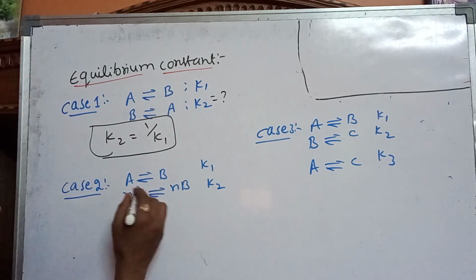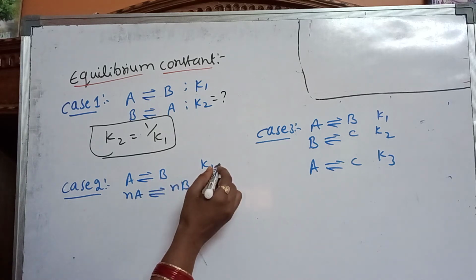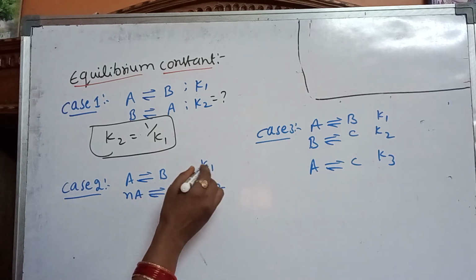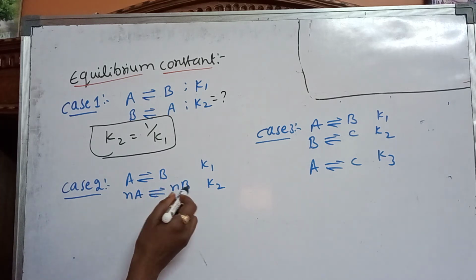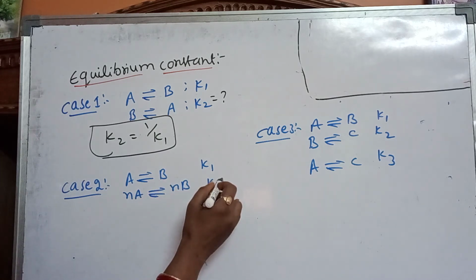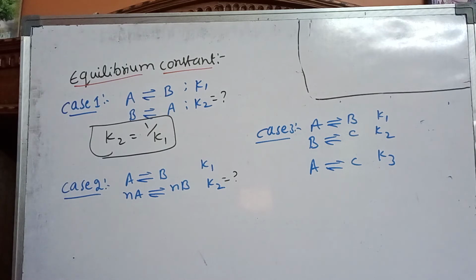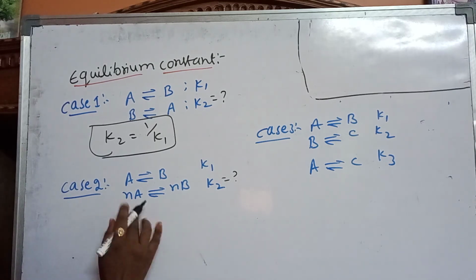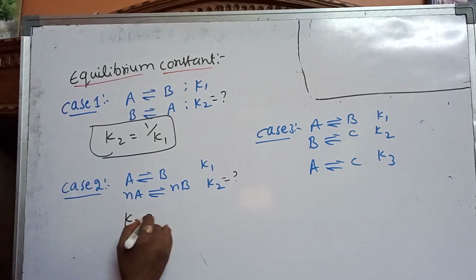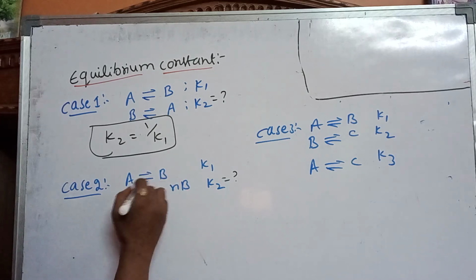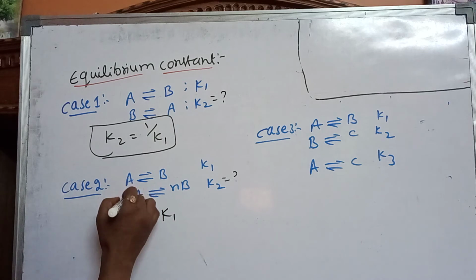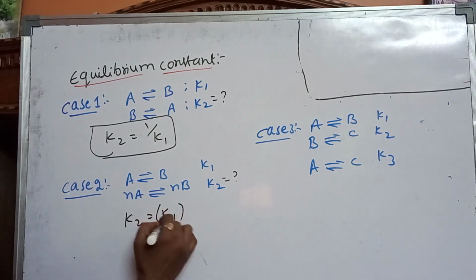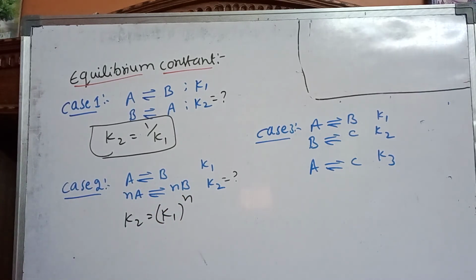Now, A gives B, and for that the equilibrium constant is K1. But when n moles of A give rise to n moles of B, the equilibrium constant is K2. It is the same A gives B, so K1, but the difference is the number of moles, so we write it as a power. K2 is equal to K1 to the power of n.